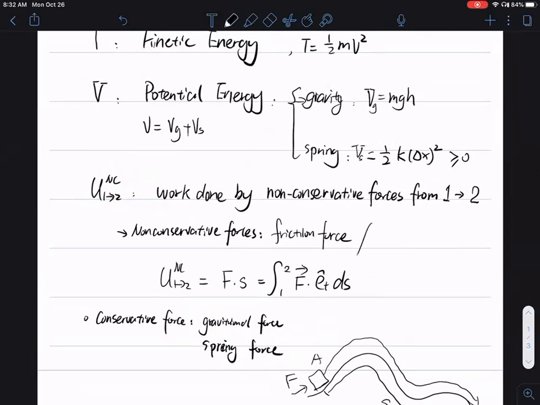Another non-conservative force would be you manually adding a force to that particle and moving it along a certain path. That would be considered a non-conservative force. So besides friction force, additional or external forces.